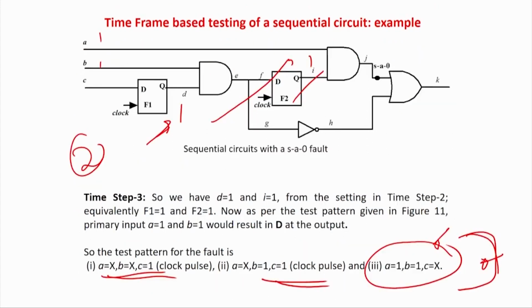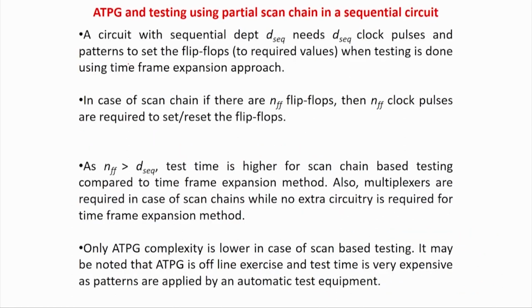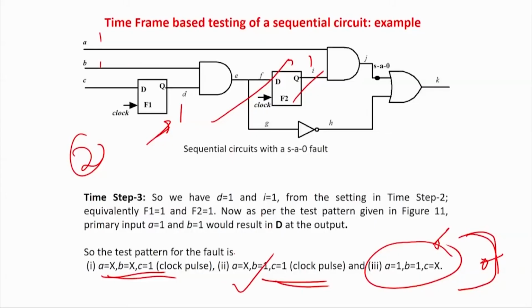This also requires 2 clock edges, and in the case without a scan I also just require 3 patterns. So a scan chain, as I have illustrated in the example, is not saving your test application time. It only saves your test pattern generation time, because in the non-scan case these 2 extra time frame patterns have to be generated, which is actually not good.